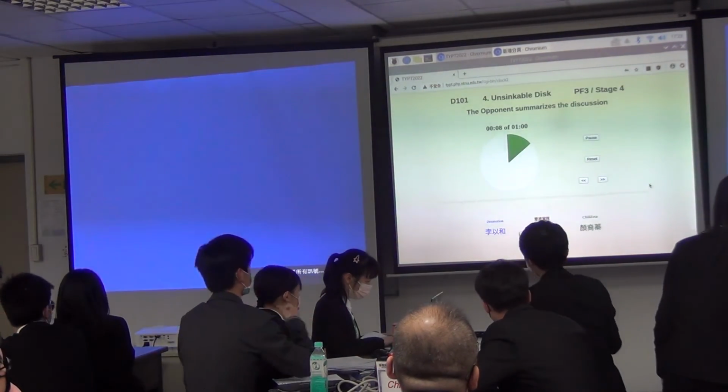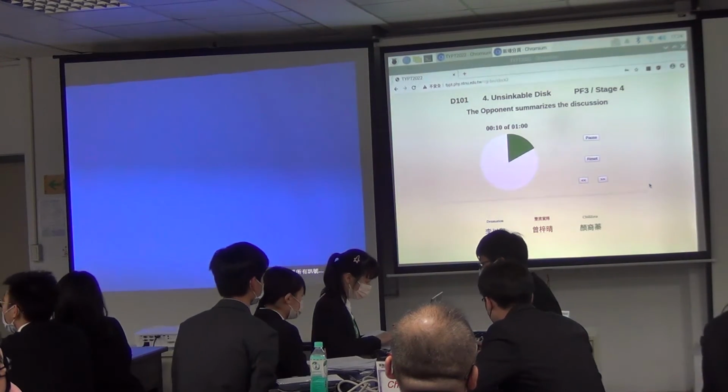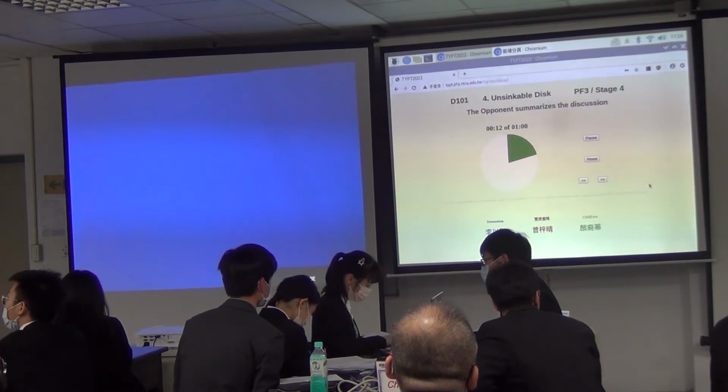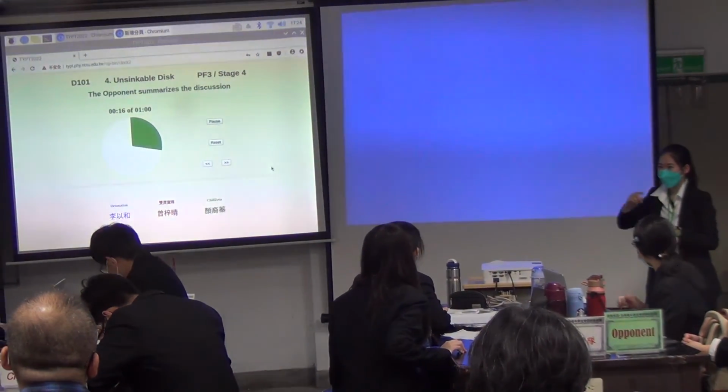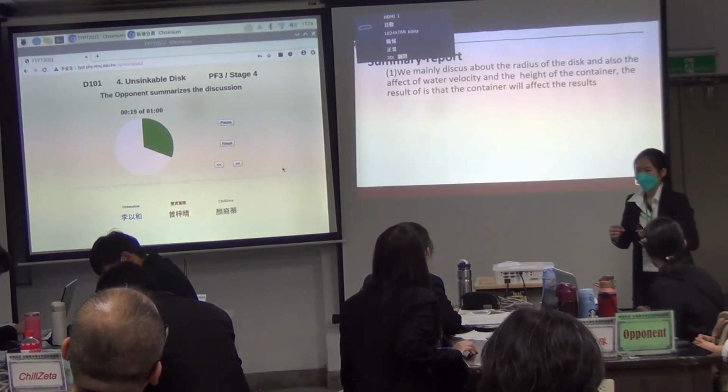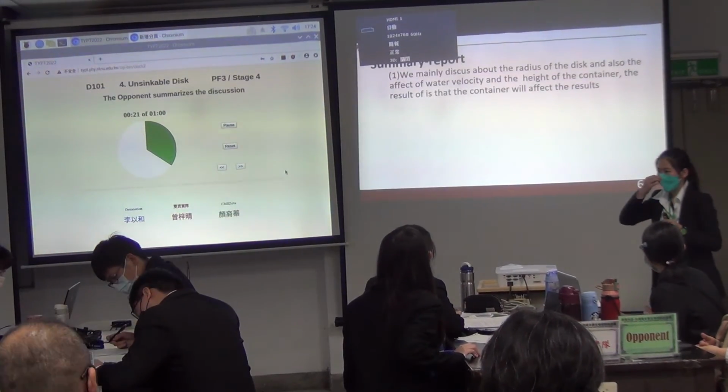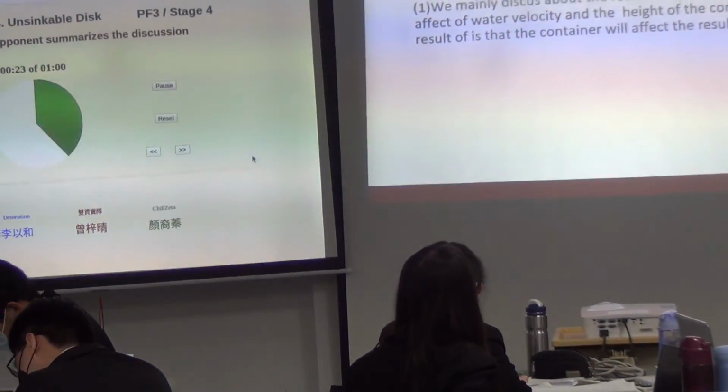For the summary of the discussion, we discussed the height of the container, and I think the height of the container will affect the vortex. We also discussed the hydraulic jump, the hydraulic jump height and the hydraulic jump radius.